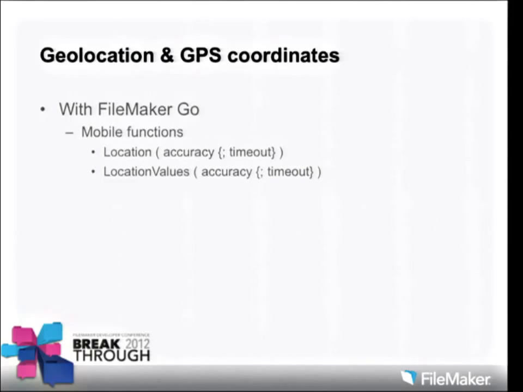Most devices, I would say, have GPS in the iPad or the iPhone. And even if you don't have a GPS, which is the Wi-Fi only version, you can still get the coordinates directly into FileMaker using Wi-Fi. So the more Wi-Fi you have, probably the better location you're going to get. But that's quite interesting because you can represent an address in two ways, whether it's a physical address or GPS coordinates. And that's what we call geocoding.